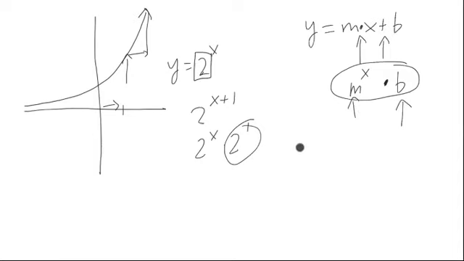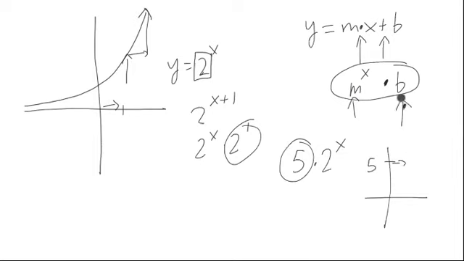So, for instance, if I had 5 times 2 to the x, then I'd know how to graph this. This is the y-intercept. I can get it just by plugging in 0. And then I know that every time I go 1 over, it's multiplied by 2.